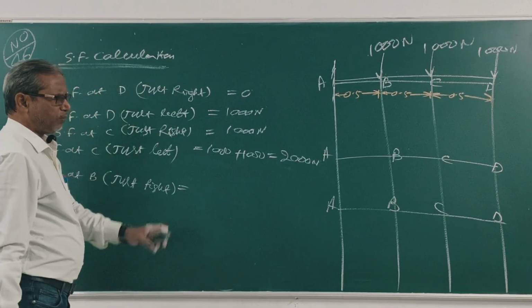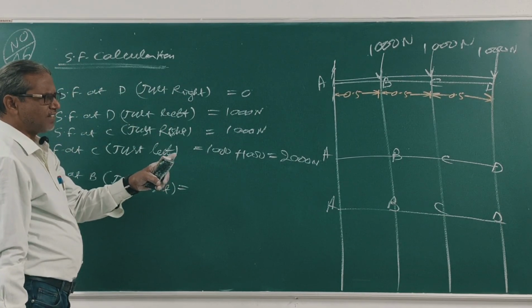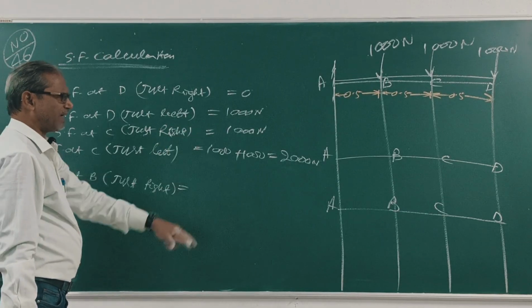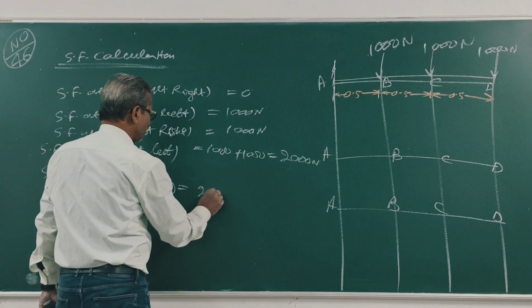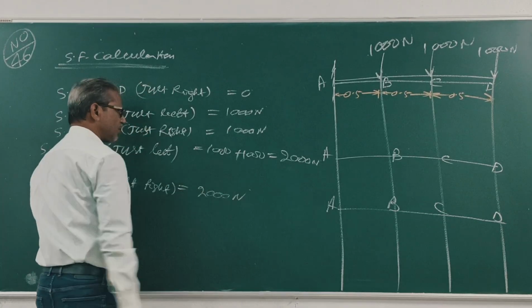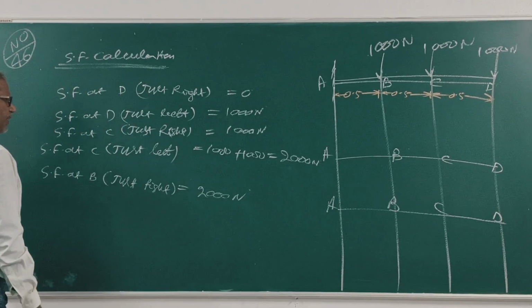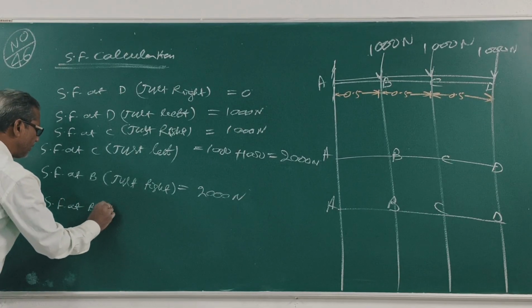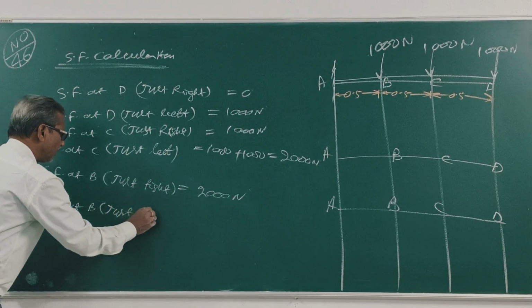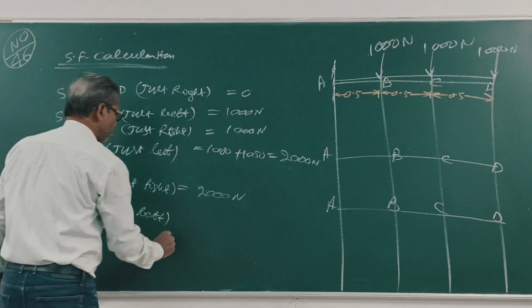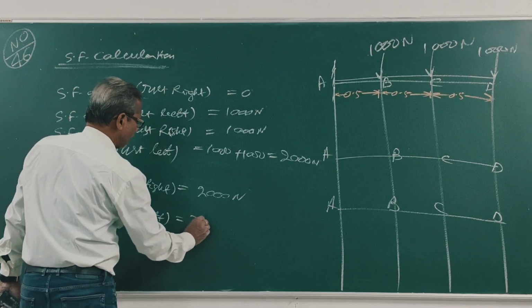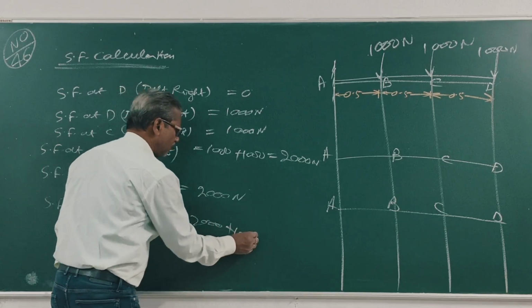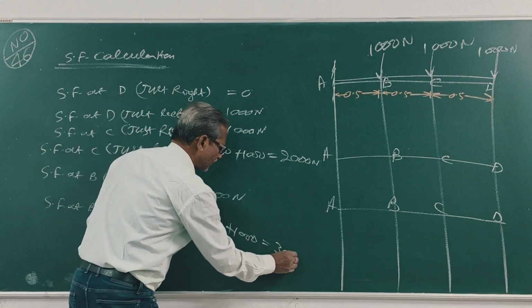So between point D, C and B, no load. So C left means B right, 2000 Newton. Shear force at B just left is 2000 plus 1000, 3000 Newton.